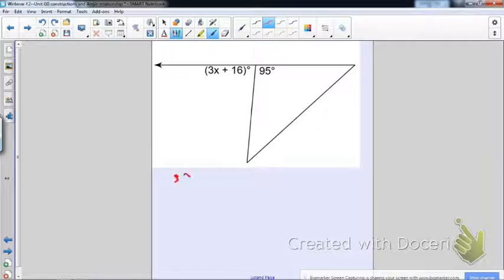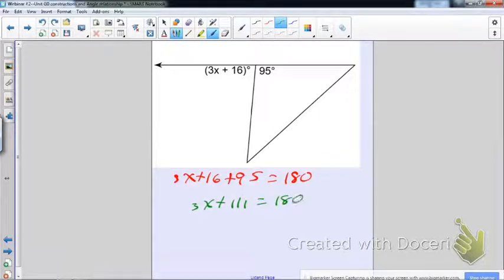So I'm going to go 3x plus 16 plus 95 is equal to 180. Then all we want to do is combine like terms. So 95 plus 16 gives us 111. So we have 3x plus 111 is equal to 180.